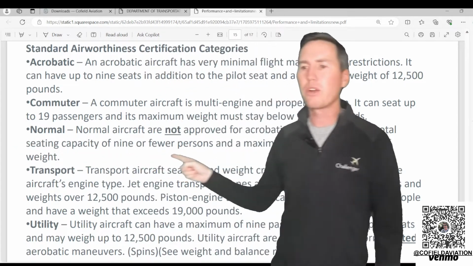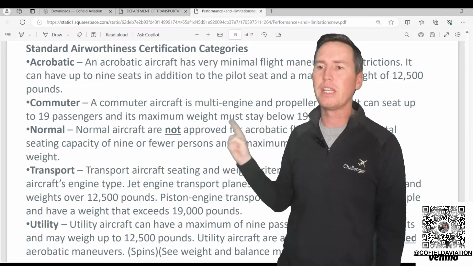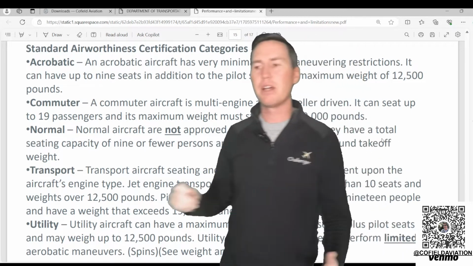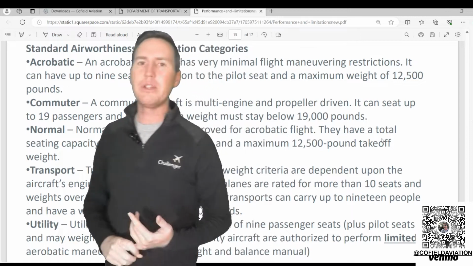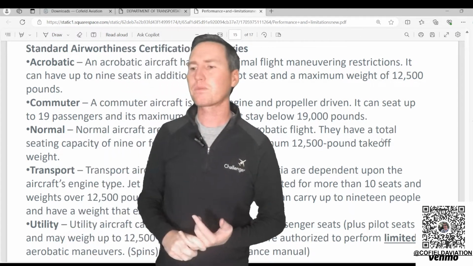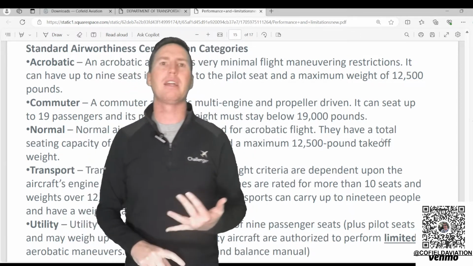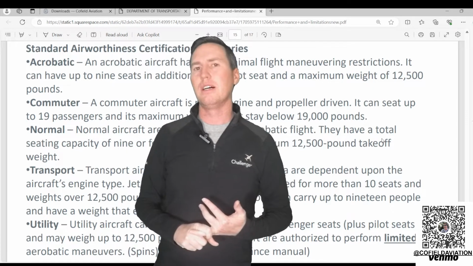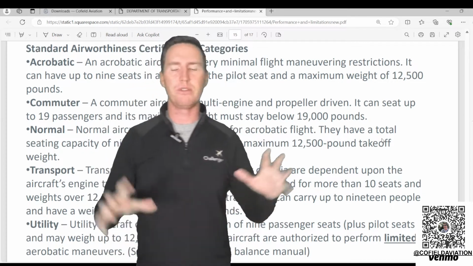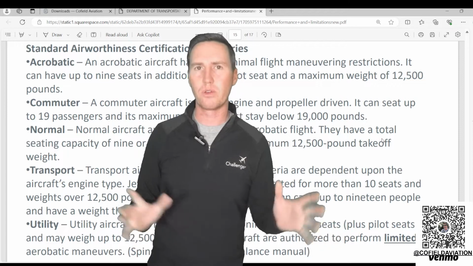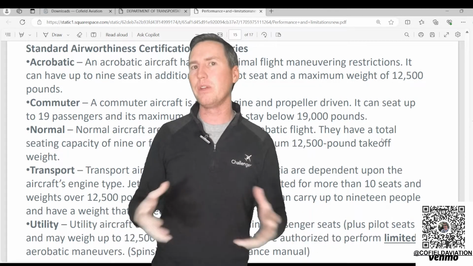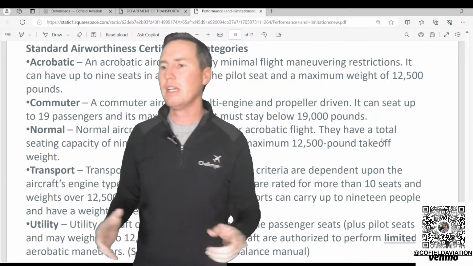So normal category, we are not approved for any aerobatic items. However, in normal category, you can do everything that you need to do in the private pilot and commercial certificate. So you can do stalls, you can do all that stuff in the normal category, okay? You just can't do certain aerobatic maneuvers, all right?